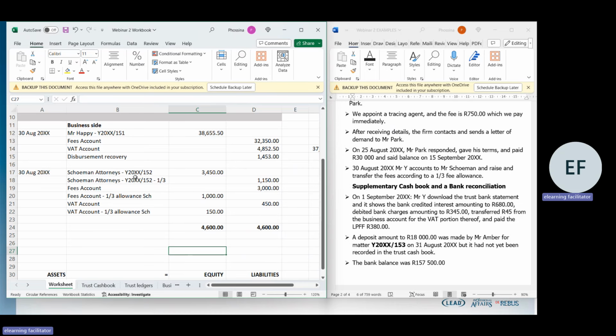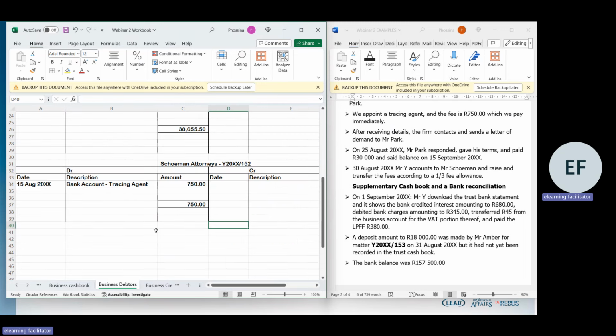Let's start with Skuman, in the business. Remember, this is the business side of things. We're just recording our fee and showing that we are sharing. So with Skuman, it's our business data.